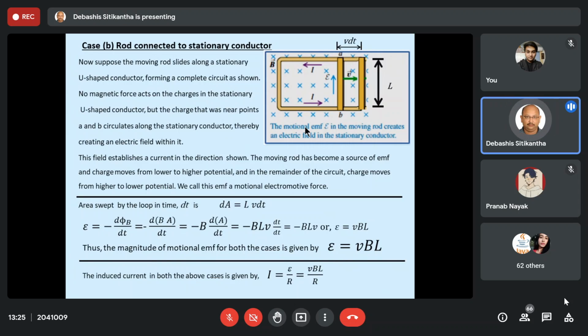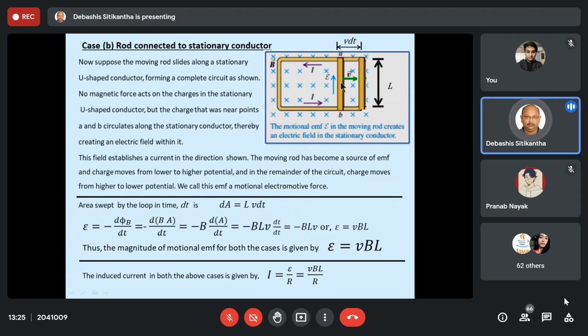So in this case, we have just made a little modification. So what is that modification? Over here, I am having the same isolated conductor, but now this conductor is moving over a U-shaped conductor. As you can see, this is a U-shaped conductor, and over it this isolated conductor is sliding.